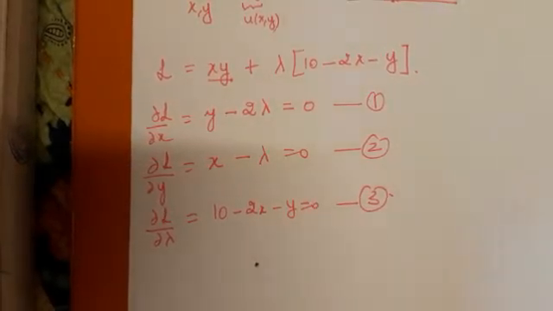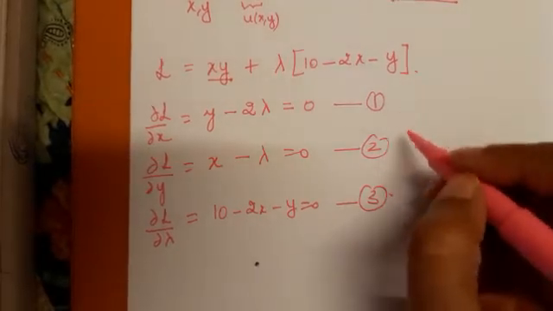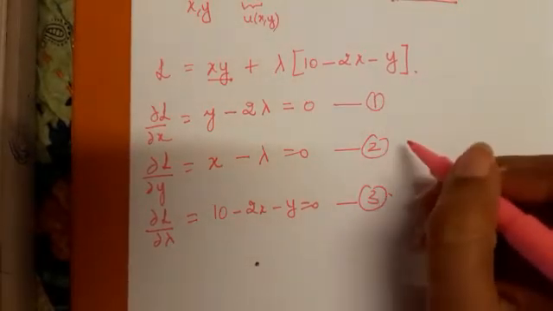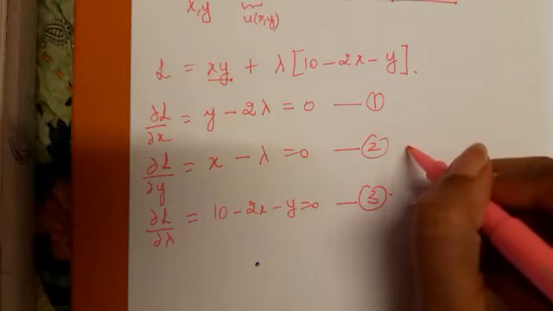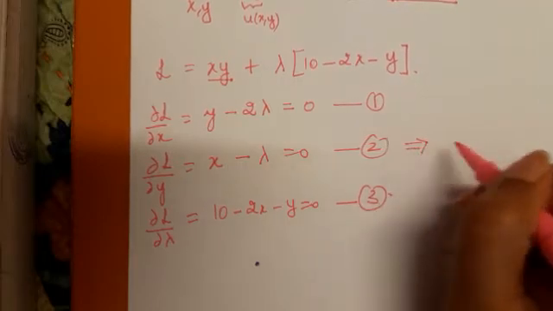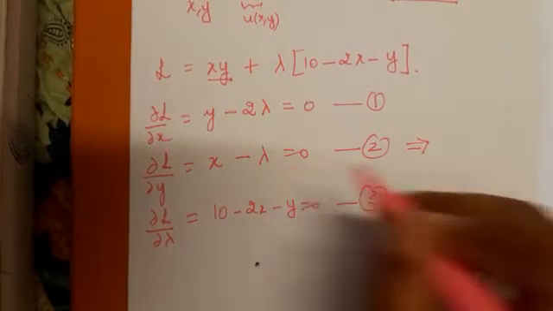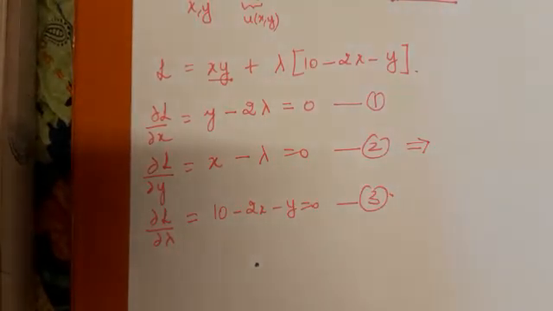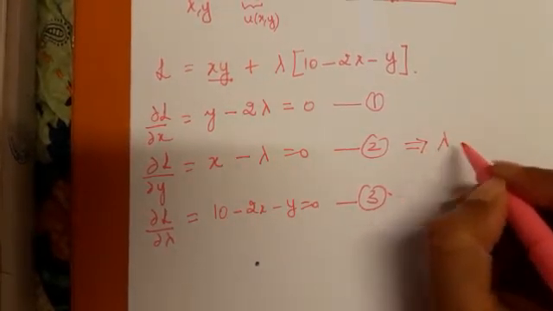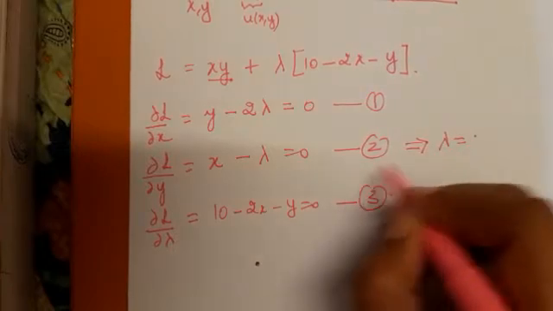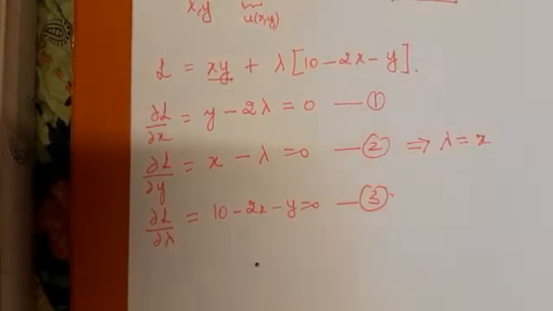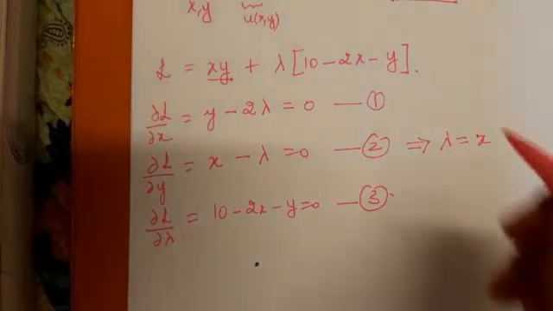Now we have some important pieces of information hiding in these three equations. So if you notice here, from equation 2, we can straight away infer that for the stationary point in equilibrium, our lambda star is going to be equal to x star. So this equation implies that lambda has to be equal to x in equilibrium.